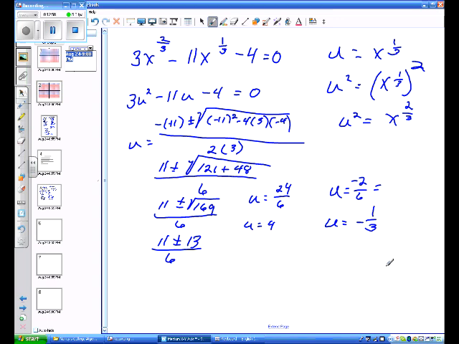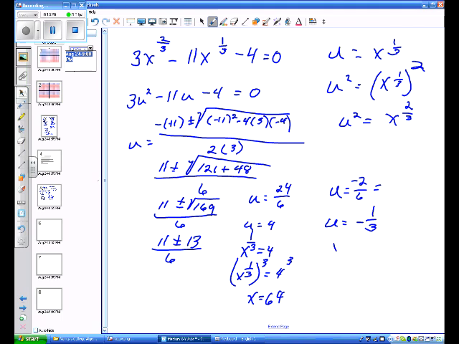But we don't want to know what u is, we want to know what x is. So u is equal to x to the 1/3. So now we're going to replace u with x to the 1/3 equals 4, and we'll solve that by cubing both sides, raising it to the reciprocal power. So we get x is equal to 64.